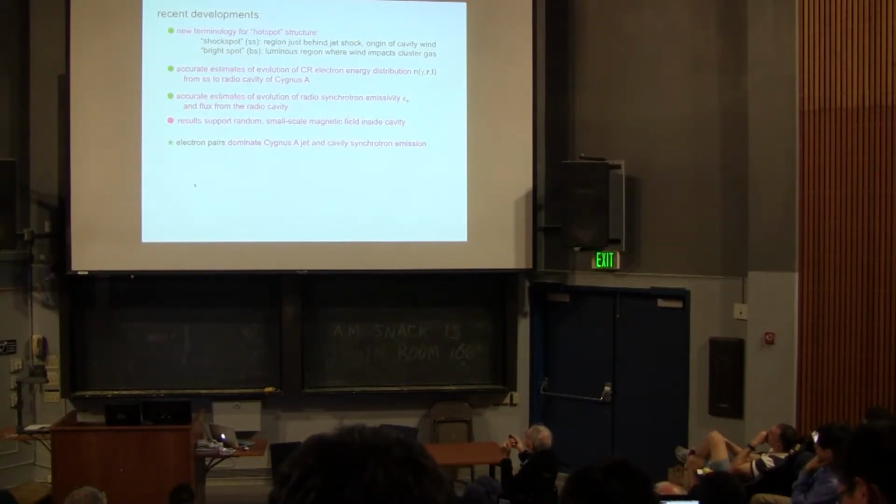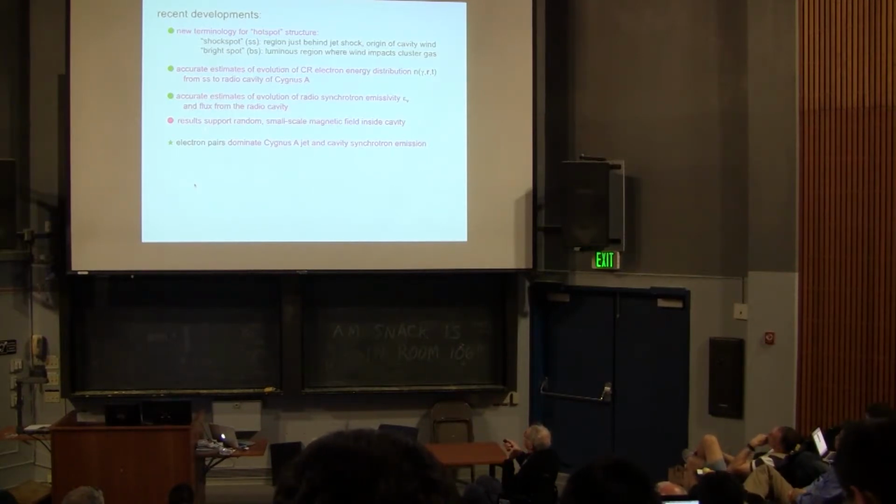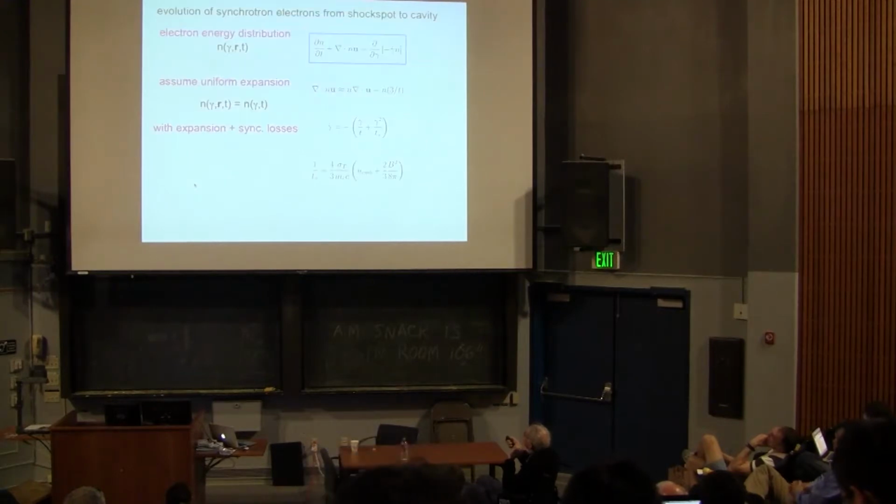And I'm able to estimate then the radio synchrotron emissivity and flux from anywhere in the radio cavity just by integrating along the line of sight. And the results I get support random small-scale magnetic fields and electron pairs rather than electron-proton dominance in the jet.